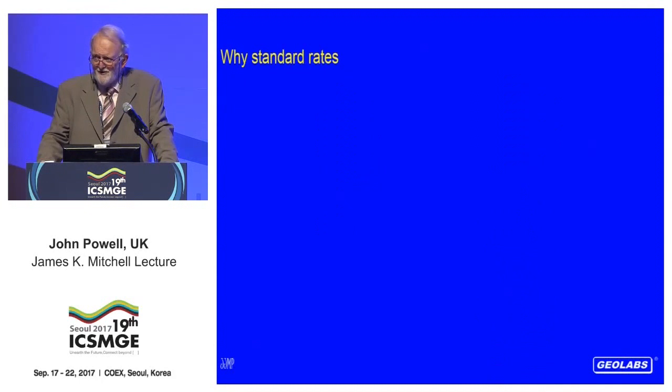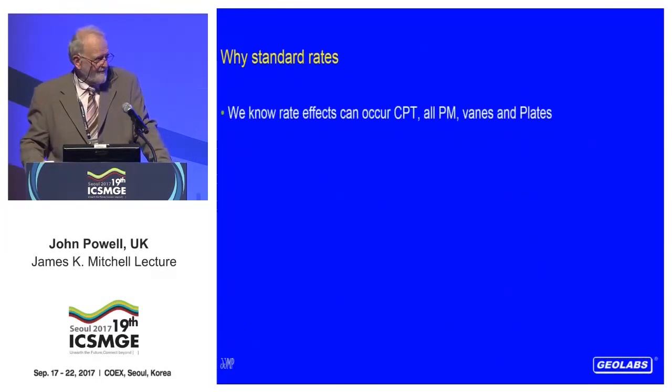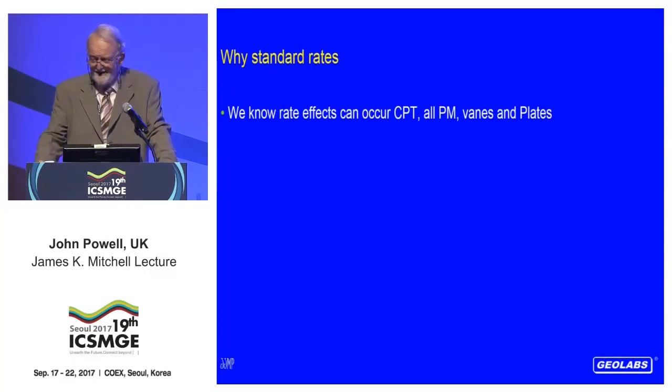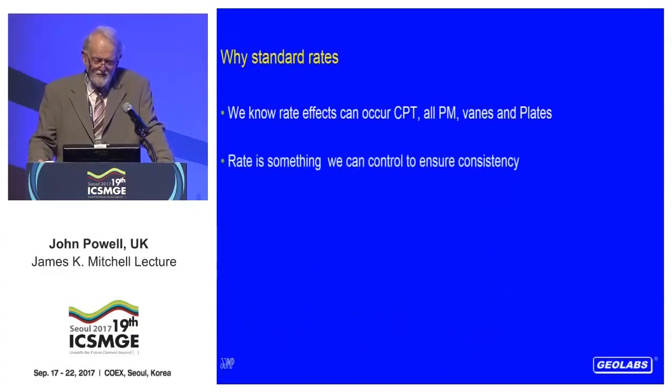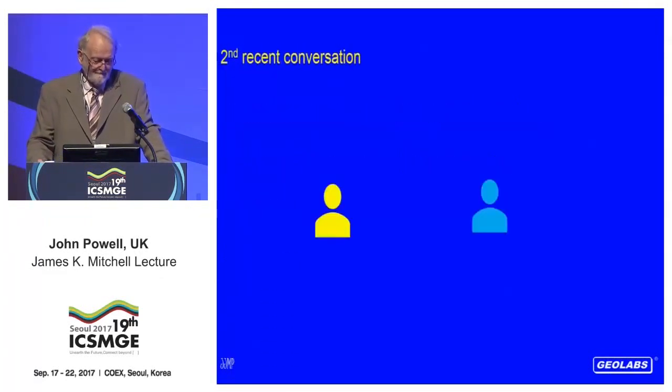We have a problem here with training, I think, and education. We know that rate effects are a problem in all our testing, be it CPT, pressure meters, vanes, plates. So unless we can ensure consistency, we have to keep the rate the same so that we can keep that consistency. We need better training.